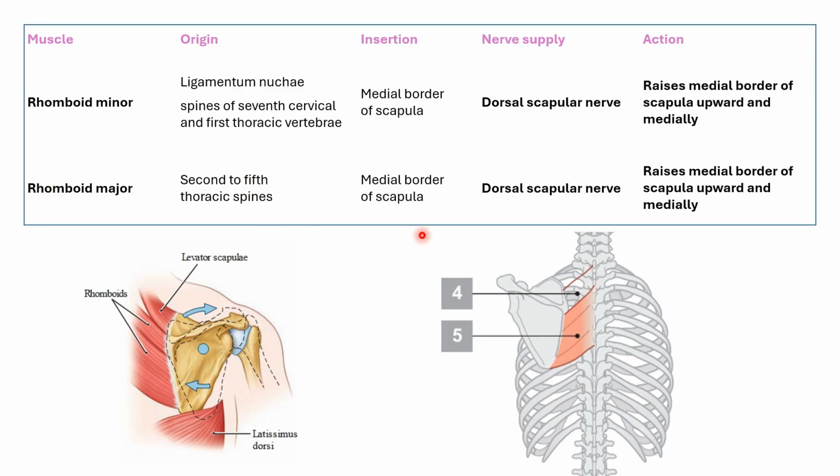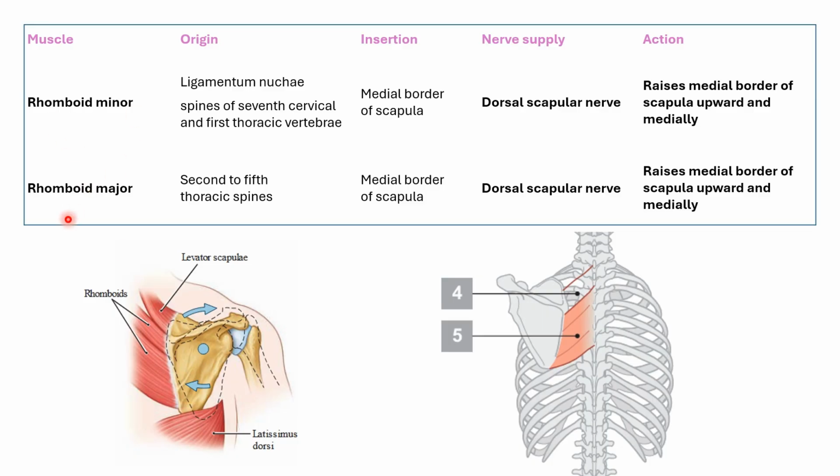Rhomboid major originates from the second to fifth thoracic spines. Rhomboid minor inserts to the medial border of the scapula at spine level, and rhomboid major inserts to the medial border of the scapula, lower part, dorsal surface.